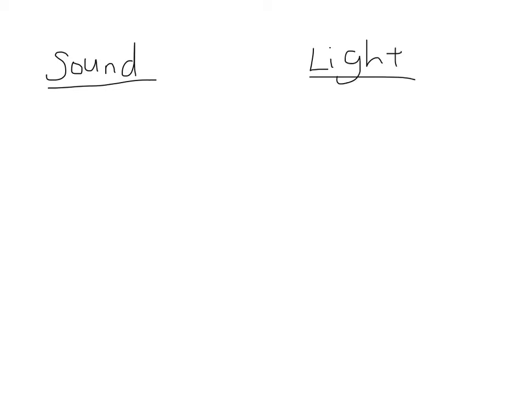In this lesson, we have talked about two things. We have talked about sound energy, and we have talked about light energy. Both of these types of energy can travel from one place to another. So for sound energy, it needs to be vibrations. That is the main thing. It needs vibrations.